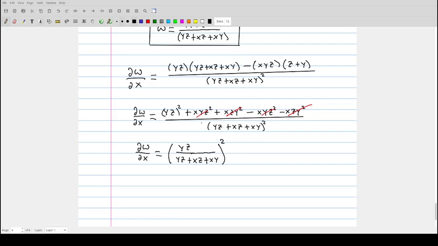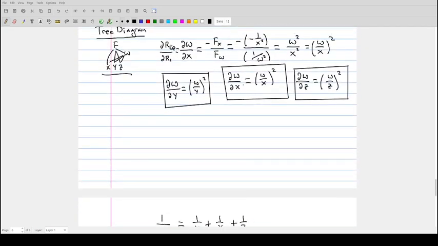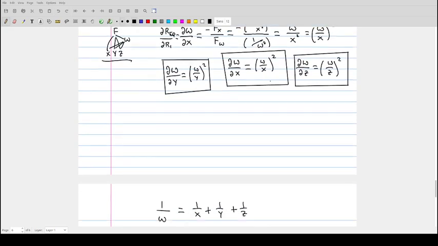And this is how you would go through and directly solve this equation without using implicit differentiation. Now you might say that there's a slight problem here, because this expression doesn't match up with what we found before, but actually it does, because you'll remember that before we found that dw dx is equal to w over x squared.